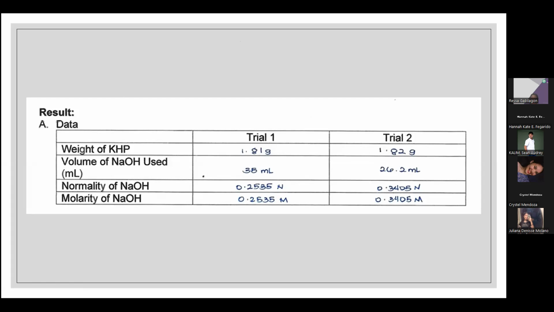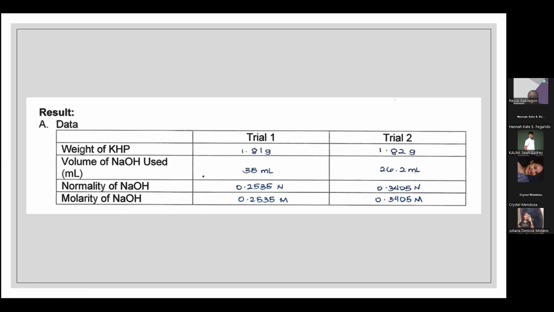Okay, so here's the result of our data. For the weight of our trial 1, it is 1.81 grams, and the volume of NaOH used in trial 1 is 35 ml. And the normality of NaOH is 0.2535 N, and its molarity is 0.2535 M. For trial 2, the weight of KHP is 1.82 grams.